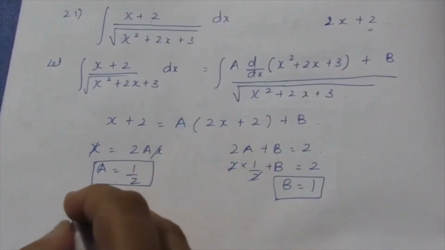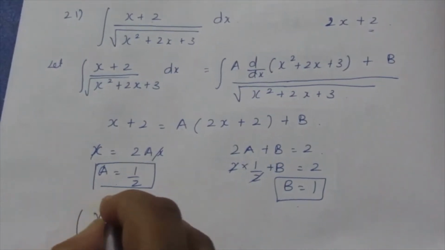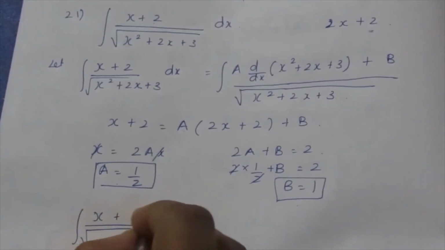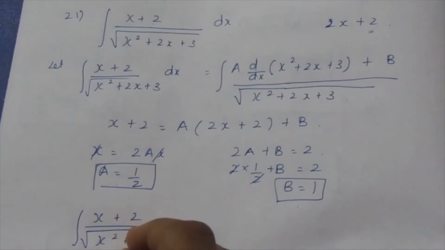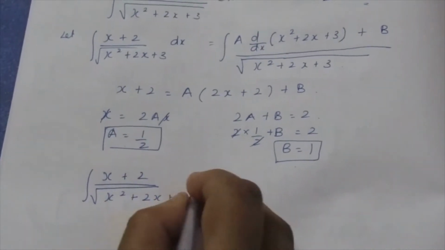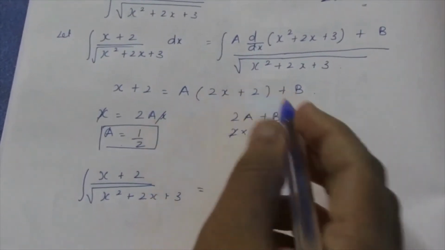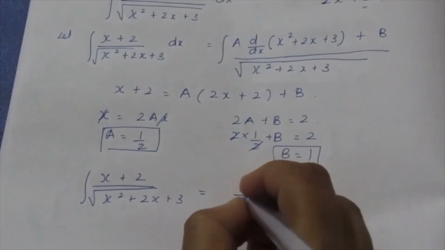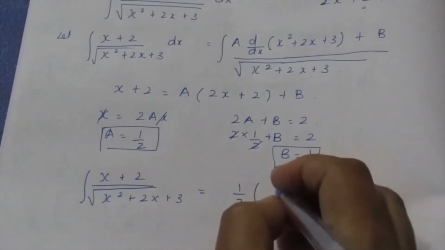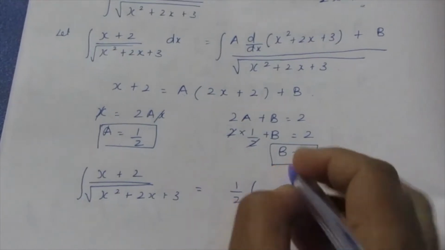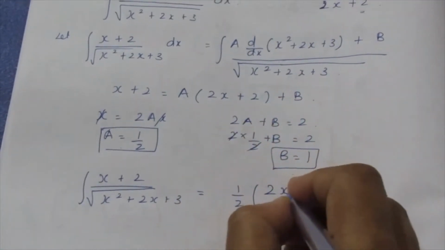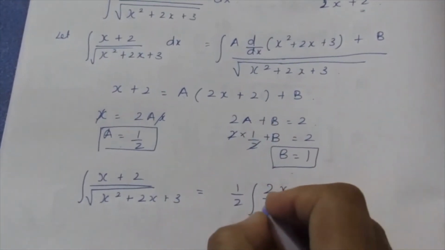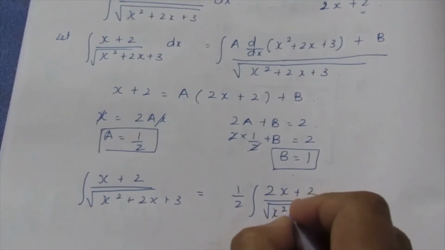So substitute in the question here. In the place of the numerator, x plus 2 by root of x square plus 2x plus 3, I can write a into the, a is 1 by 2. As 1 by 2 is a coefficient, I can write it separately, and then it becomes a into 2x plus 2 by the denominator, which is root of x square plus 2x plus 3.